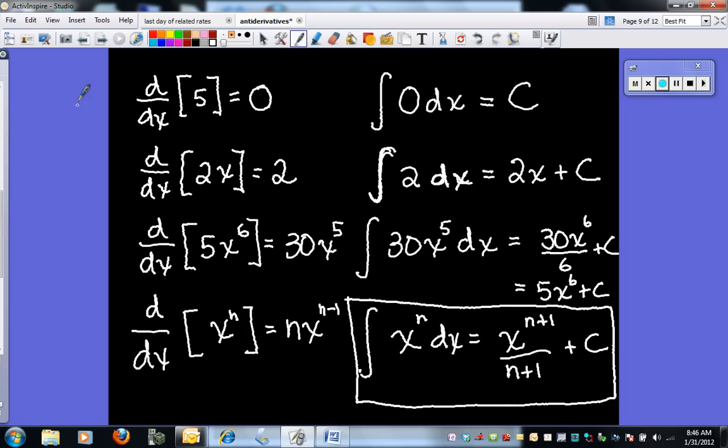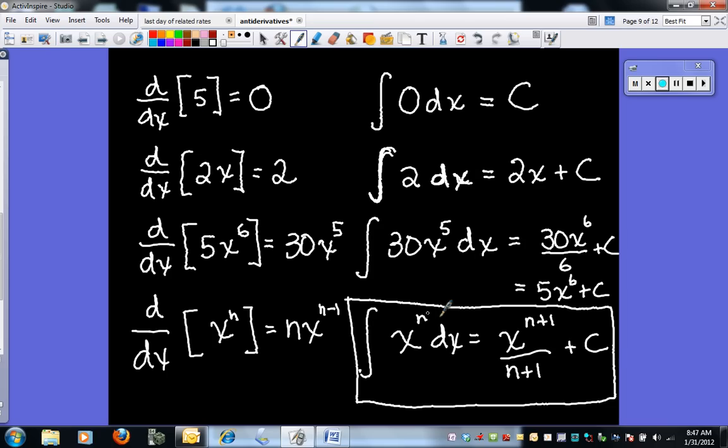So for example, if we have the integral of, say, let's start with the square root of x dx. We are going to find a function whose derivative is this, and we're going to use our basic integration rules, specifically the power rule for integration or antidifferentiation.